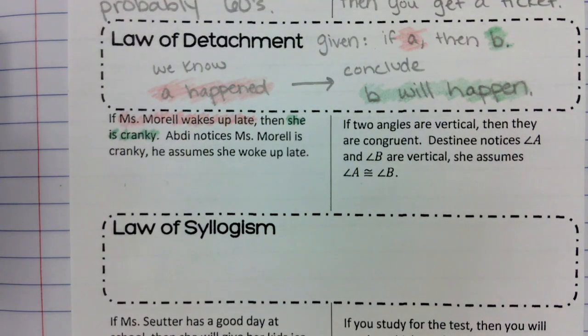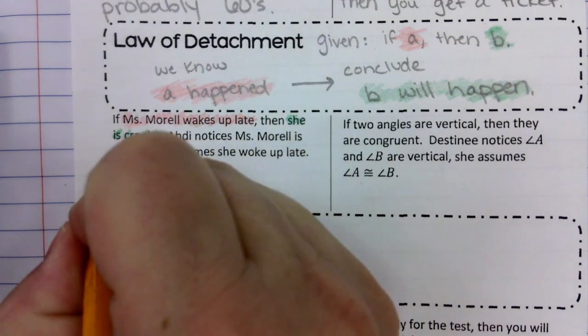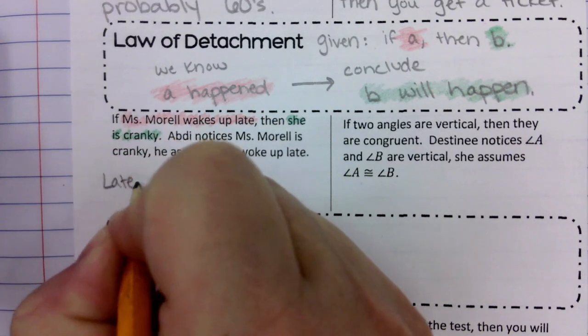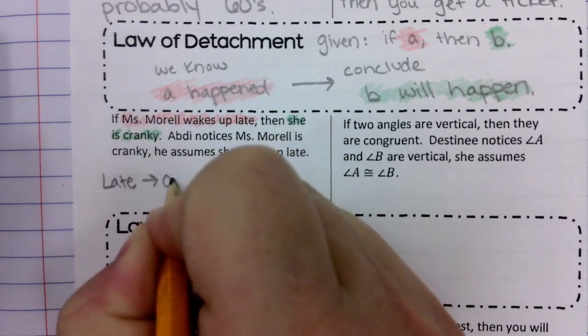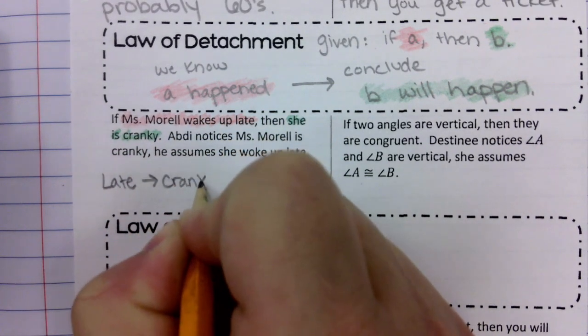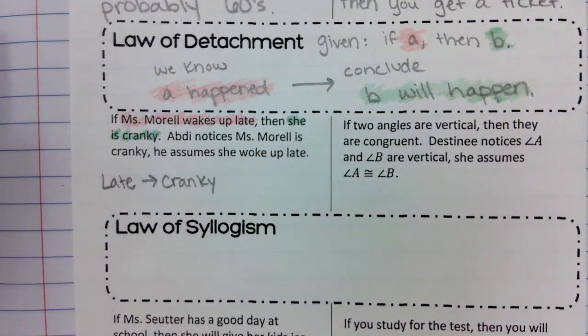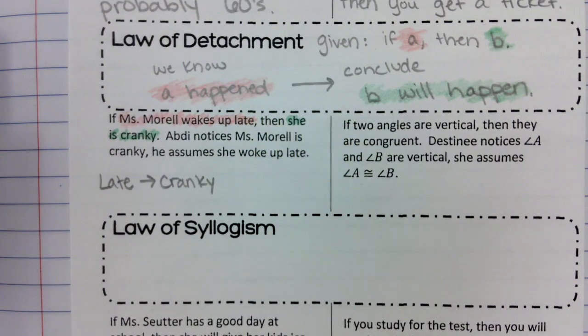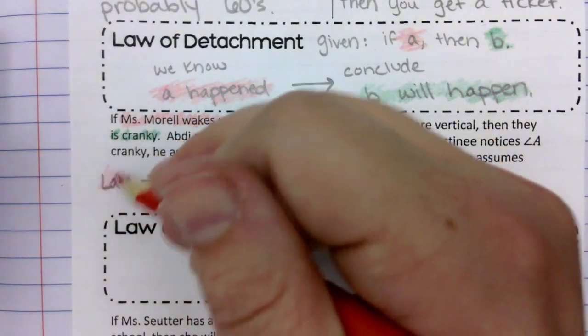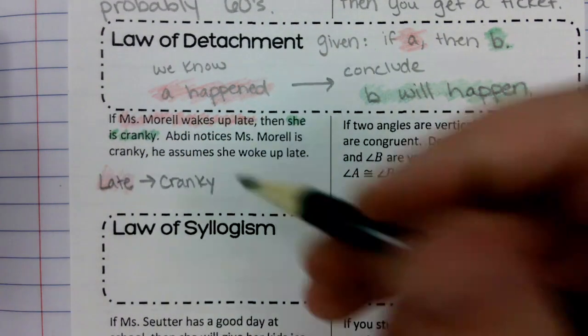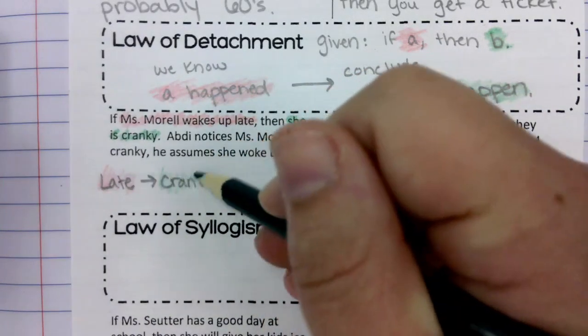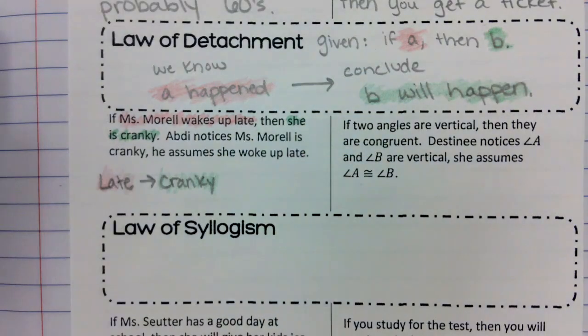I am cranky. So is that the hypothesis or the conclusion that he notices I'm cranky? Conclusion. That was the conclusion of that statement, that Miss Morel is cranky. We're starting with the crankiness. We're using that same color. So if I start out with being cranky, can he assume that that means I woke up late?